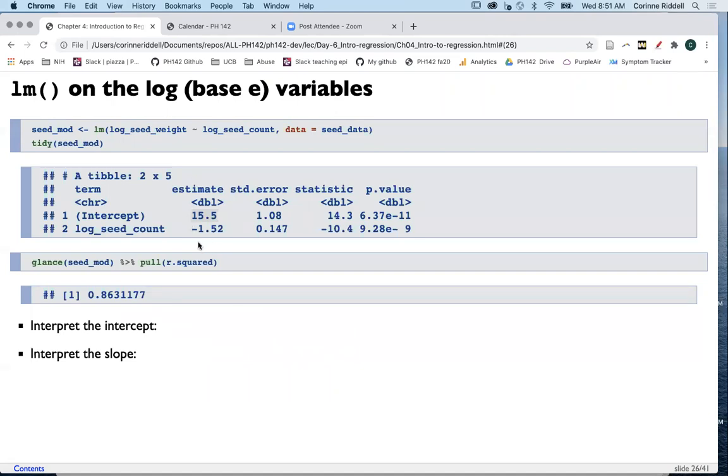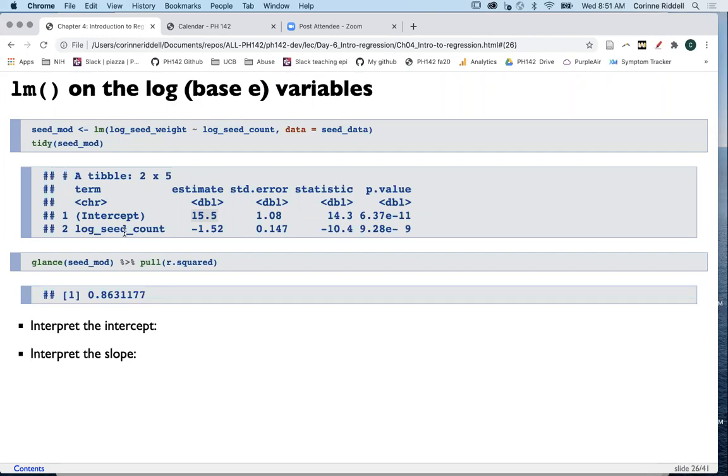The slope estimate here, this negative 1.52, what is that saying? For every 1 unit change in the log of seed count, the log of seed weight is going down by 1.5. As I said, that information by itself is kind of uninterpretable.